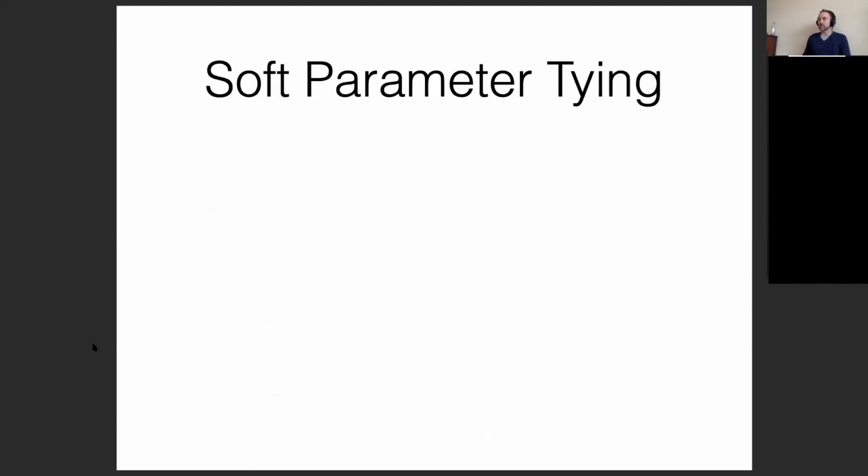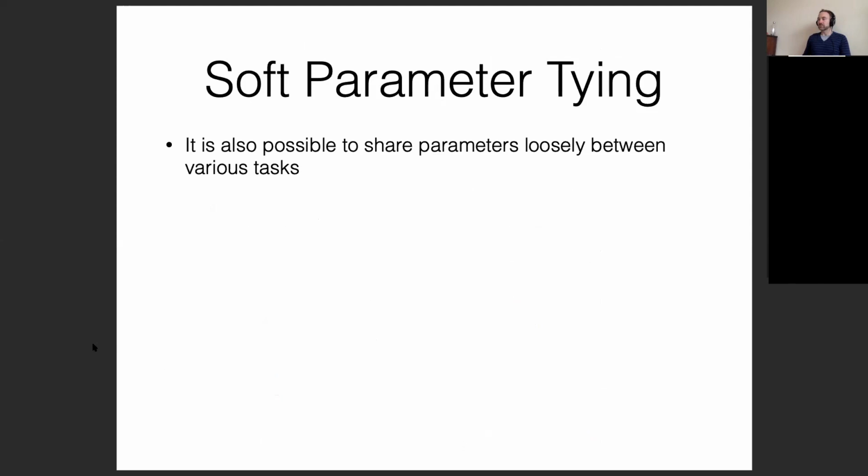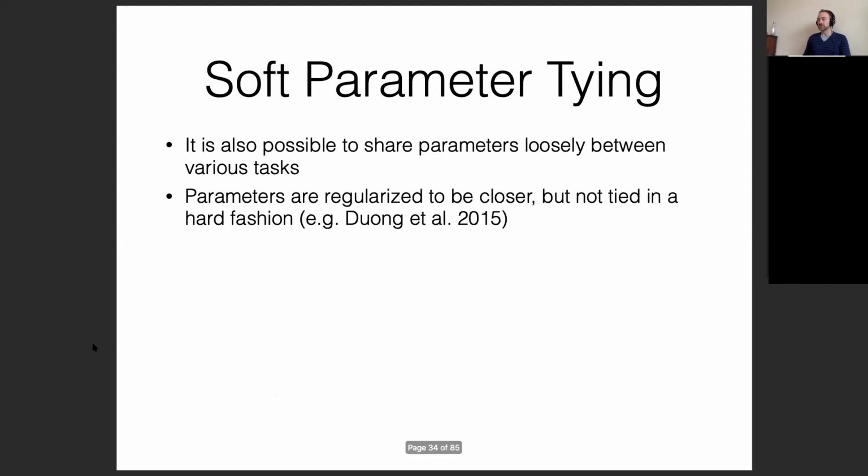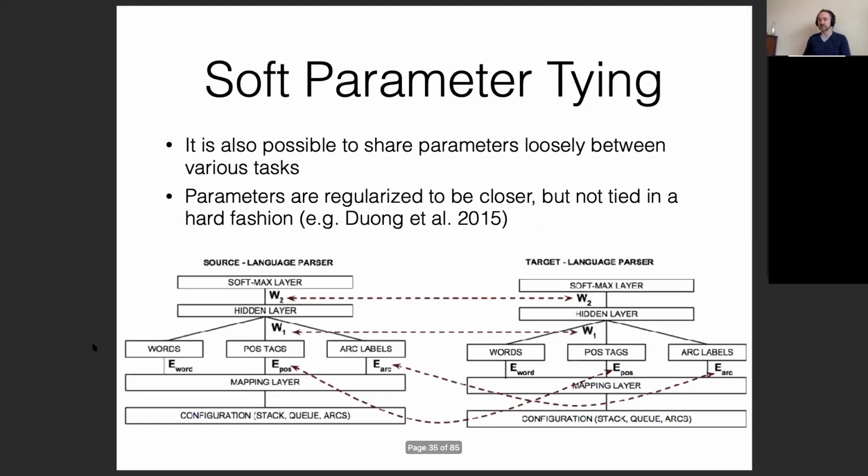So soft parameter tying, it's also possible to share parameters loosely between various tasks where parameters are regularized to be closer but not tied in a hard fashion. So to give an example, again, this is an example for multilingual learning. I feel like multilingual learning is a very easy to explain example because you're kind of doing the same task, but the underlying structure of the language is very different.